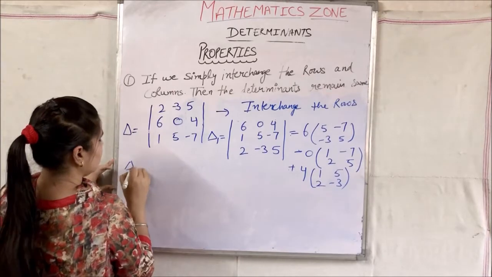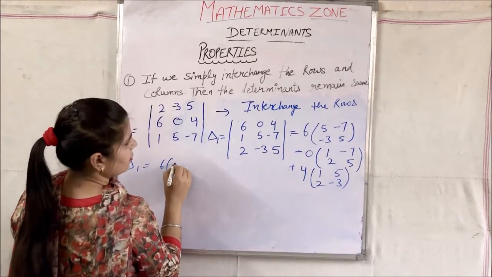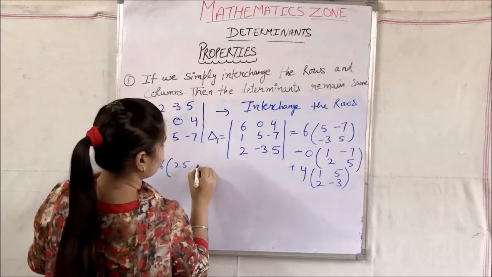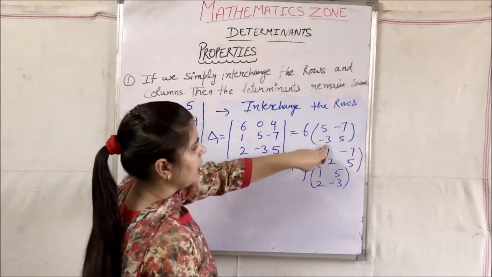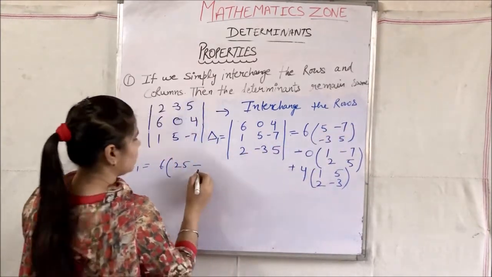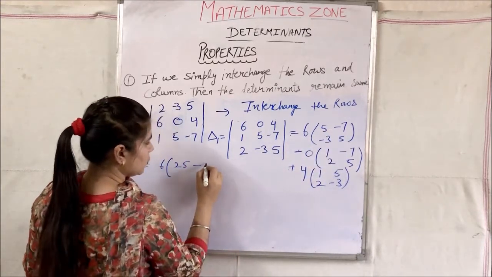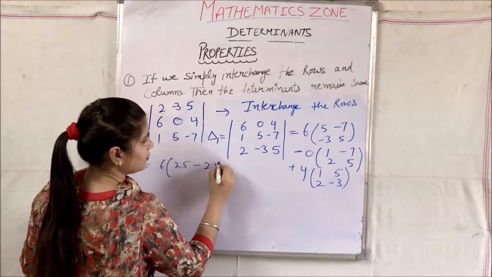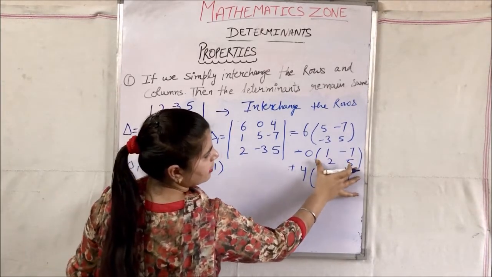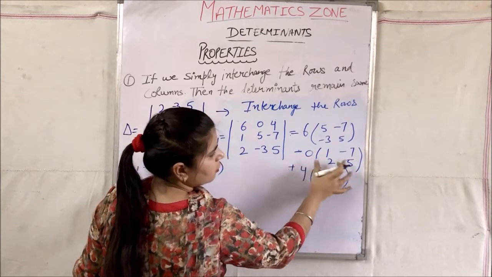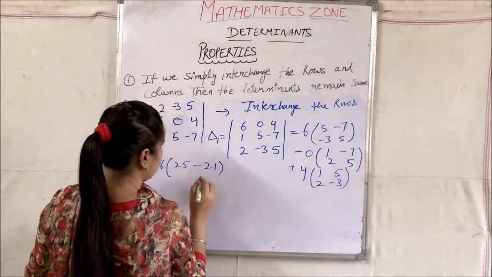So delta 1 will be 6 multiplied by 5, 5s are 25. Now minus minus plus, but because we are multiplying from downward to upward, we will put a negative sign before the product of two numbers. That is 7 threes, 21. Now whenever you are multiplying 0 with any number, then the product will be 0. So no need to calculate, just put a 0.